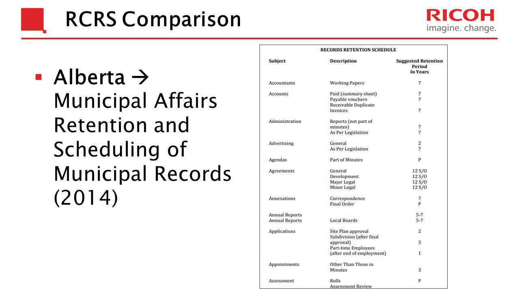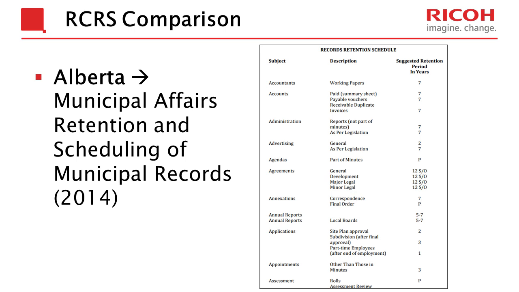If we look at the Municipal Affairs retention and scheduling of municipal records, you'll notice it's a little bit less busy in terms of the subject matter. Again, you have the subject matter, you have the description, and then you have the retention. This is still okay. We can still use this, because what's important here is that the subject is identified and defined, so we can use it to group our files.